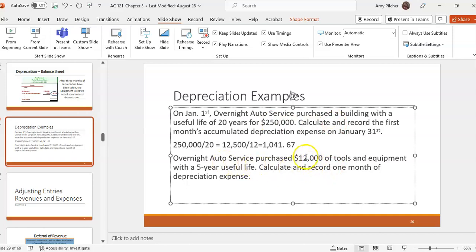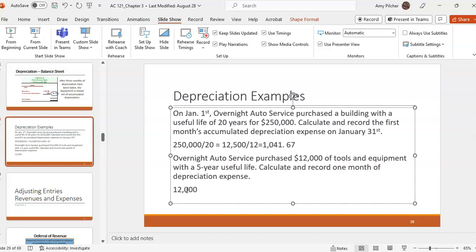We have that we purchased $12,000 of tools and equipment with a 5-year useful life. We're going to record 1 month. So again, with a 5-year useful life, we can either divide by 5 and then divide that by 12, which is what I prefer to do, or you can just divide by 60.